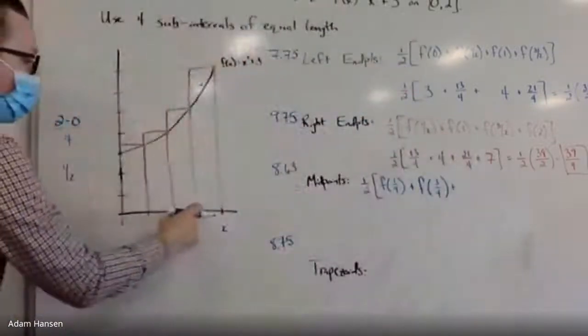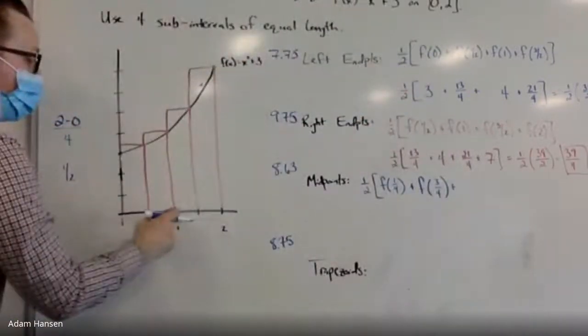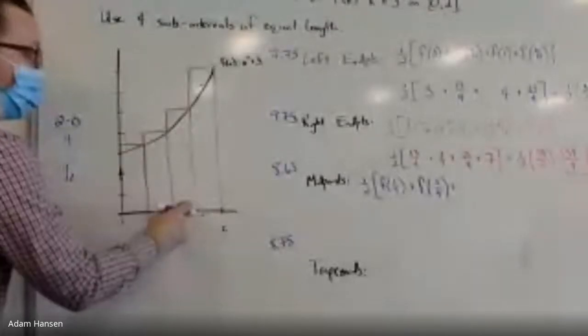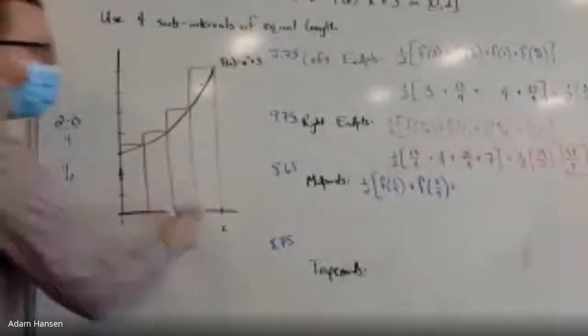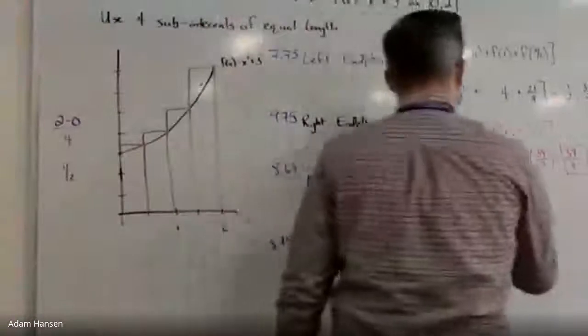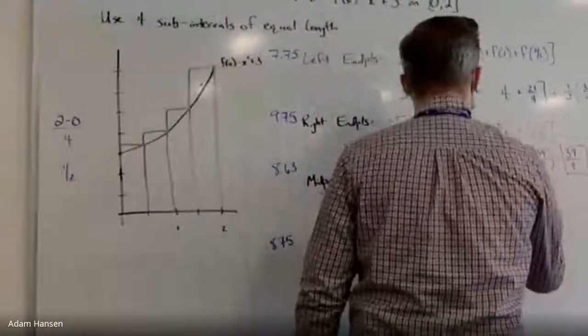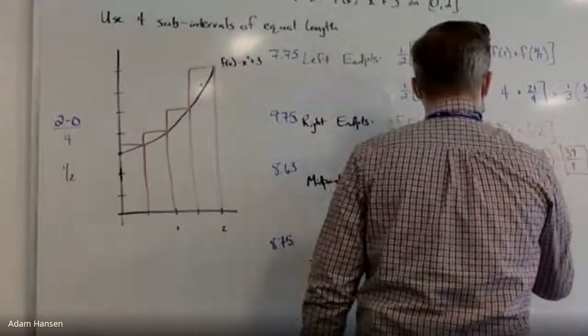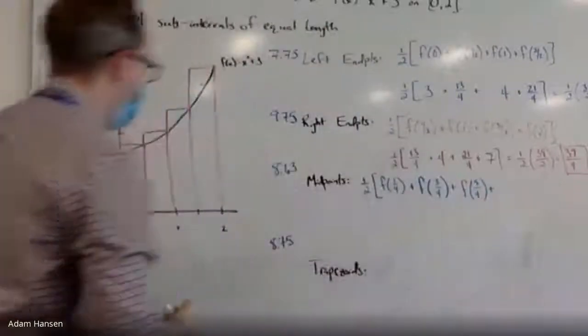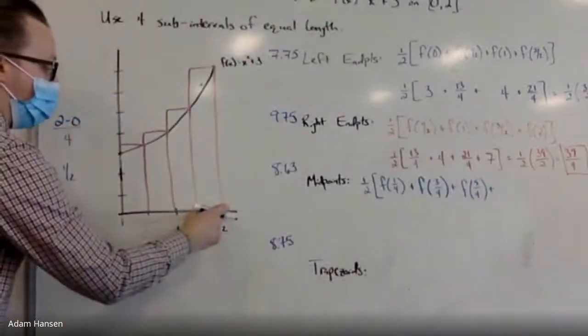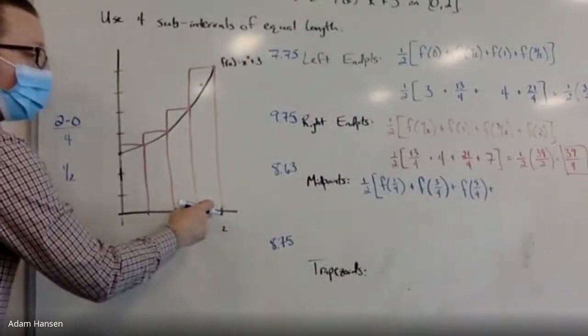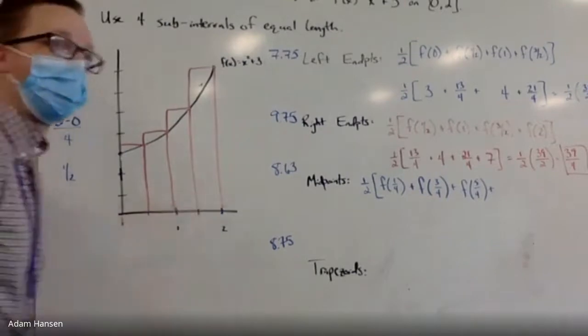Between 1 and 3/2 would be 1 1/4 or 5/4. Between 1.5 and 2 would be 1 3/4 or 7/4.